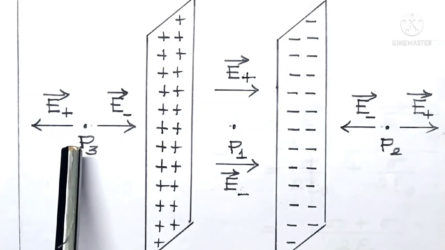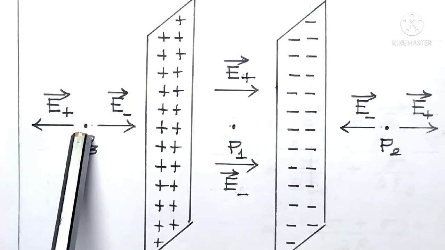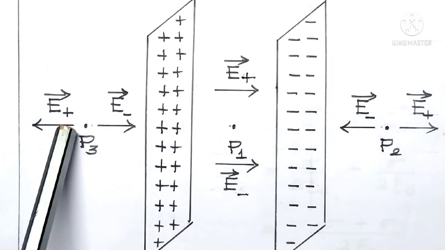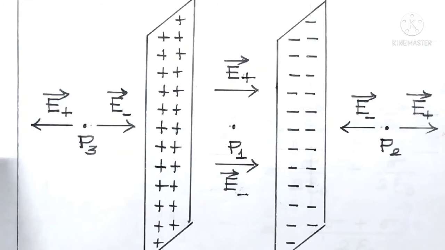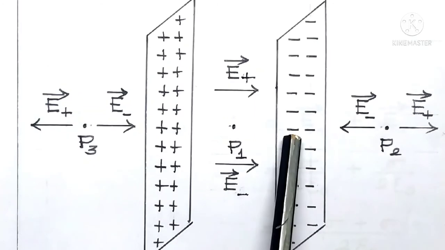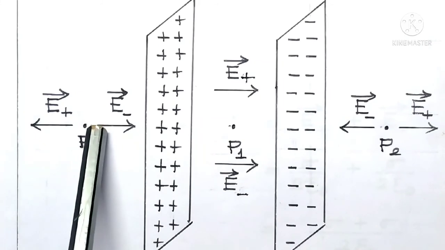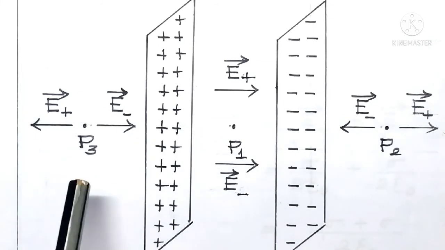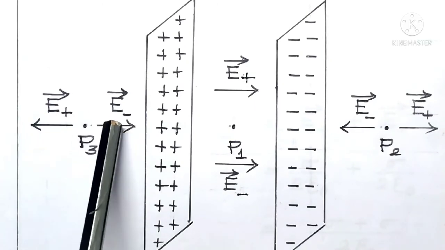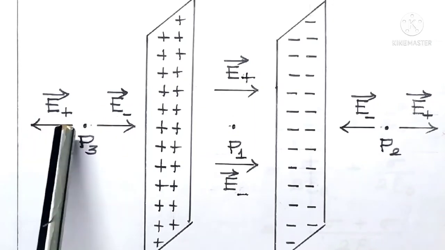Similarly, when we come to the point P3, this positive charge is repelled by this positively charged plate. So E plus vector is pointing in this direction. At the same time, this positive charge is attracted by this negatively charged plate. So E minus vector is pointing in this direction. Even in this case, both E plus vector and E minus vector are same in magnitude but opposite in direction.